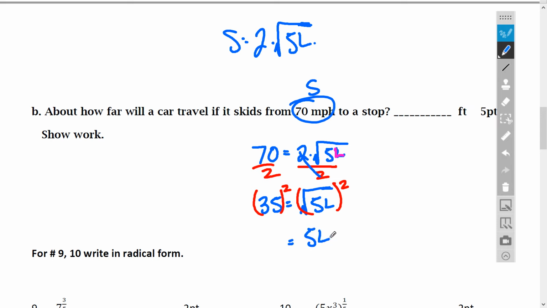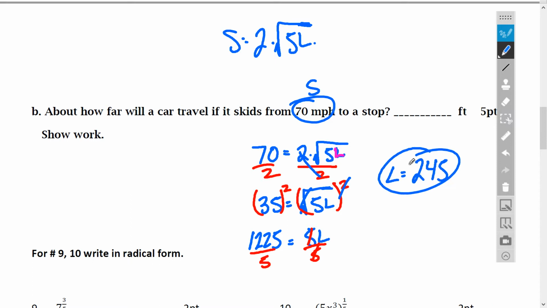That will cancel out the radical on the right side, and on the left side, we put 35 squared in a calculator, which is 1225. And then we divide by 5 to get the L by itself. That tells us the length is 1225 divided by 5, which is 245.